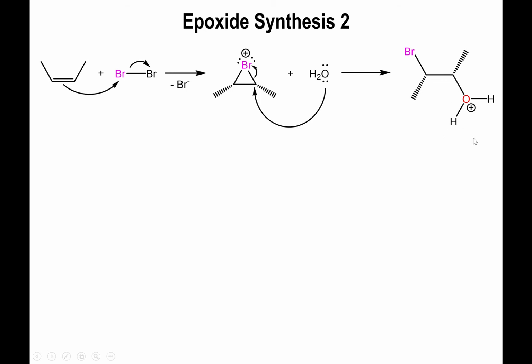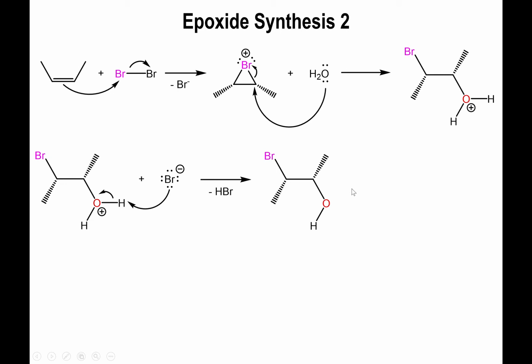Although at the present moment it's fully protonated, because the water comes along with its two hydrogens. So here's where the bromide comes in to remove that proton and provide you with the alcohol functionality. So this is the bromohydrin molecule.